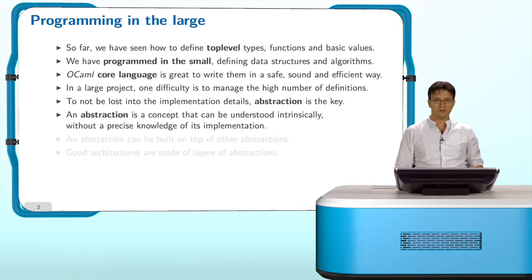An abstraction is a concept that can be understood intrinsically without a precise knowledge of its implementation. So it's a way to forget about the details and understand some part of the system by itself.